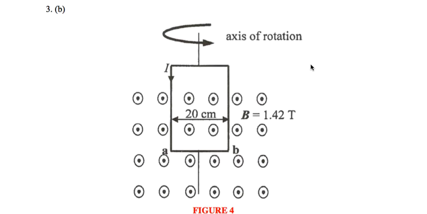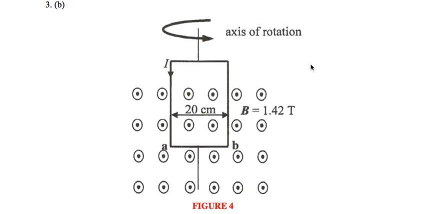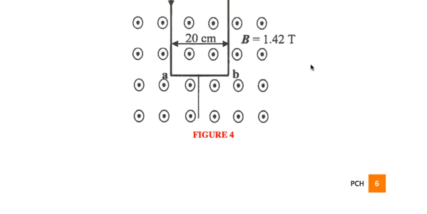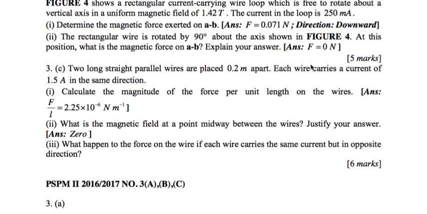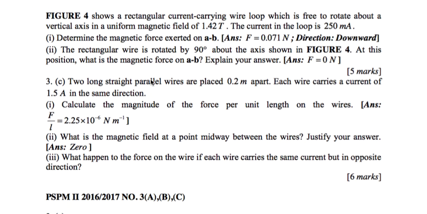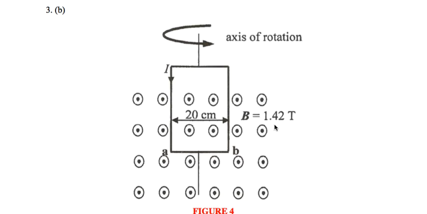Next, question number 3b. So this is figure 4. The figure shows a rectangular current-carrying wire loop free to rotate about the vertical axis, and the magnetic field is 1.42 Tesla, and this is the current flowing in the wire.